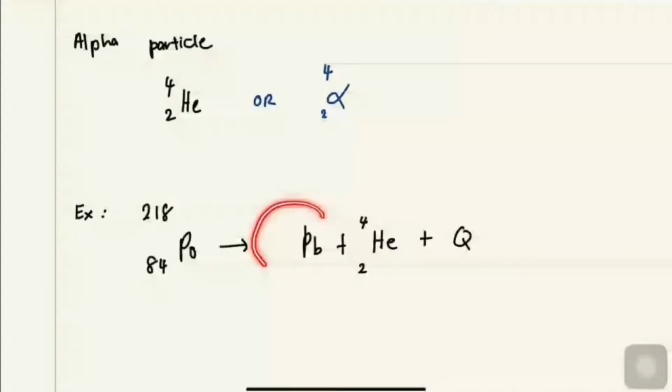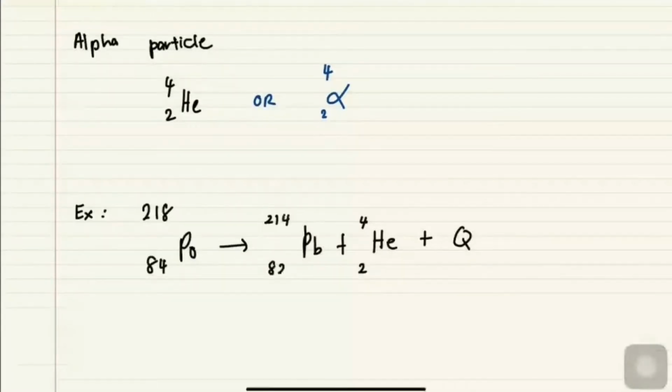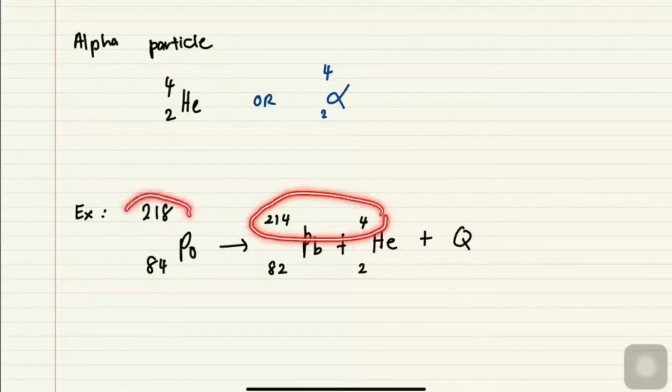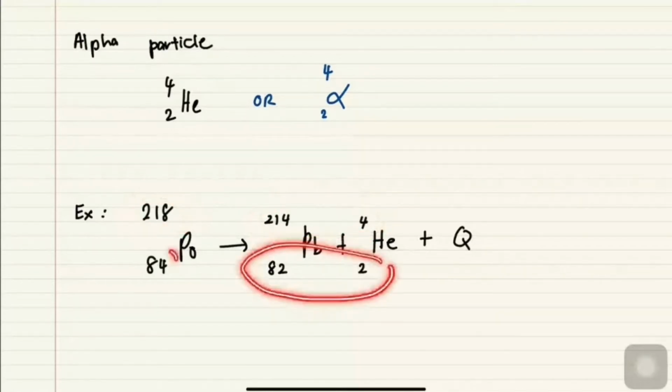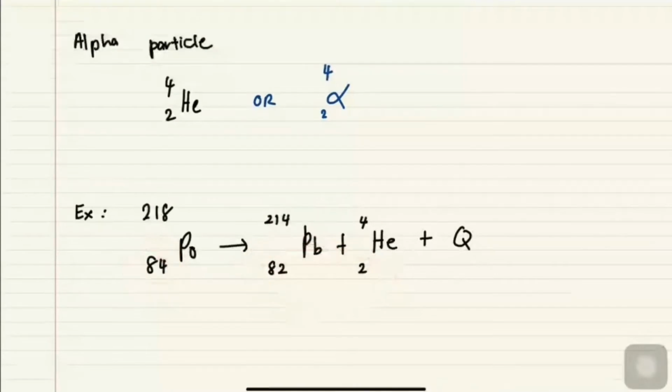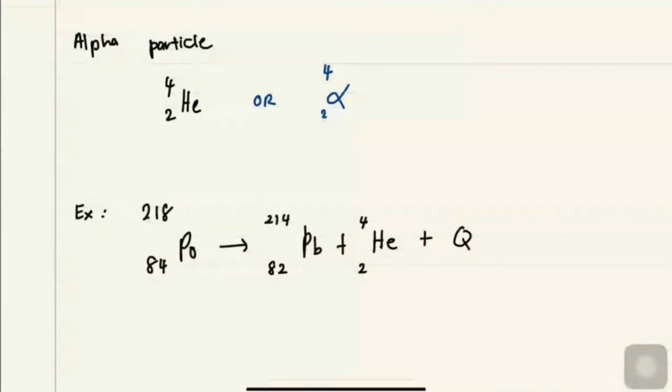This one becomes 214, and that one becomes 80. You can always check again: 214 plus 4 is equal to 218, 82 plus 2 is equal to 84. And then the energy, just put it over there. Normally this one is in terms of heat.